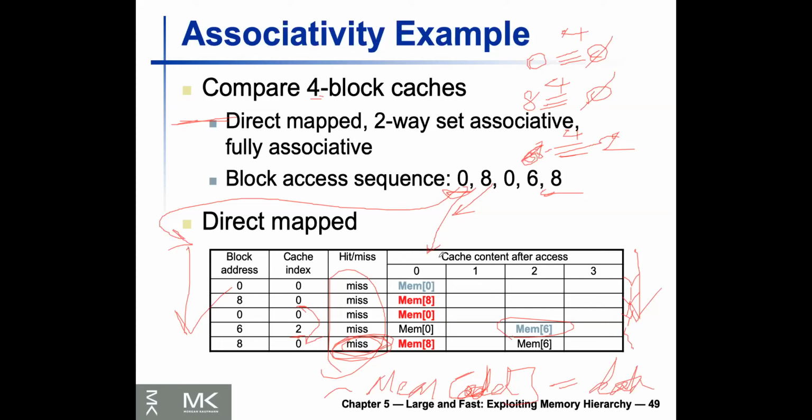So normally for the tag, the remainder of your address would be the tag, depending on the size of the block. For instance, if you had 32 in memory, and you had 8 blocks in cache, right? So for 32, you need 5 bits to represent that, right? And for 8 blocks, you need 3 bits.